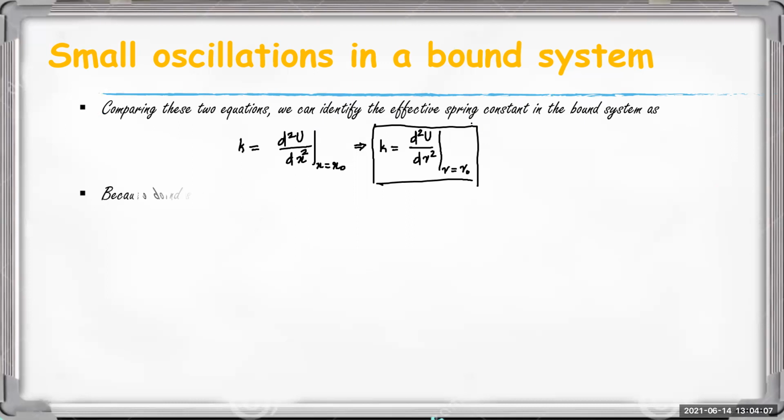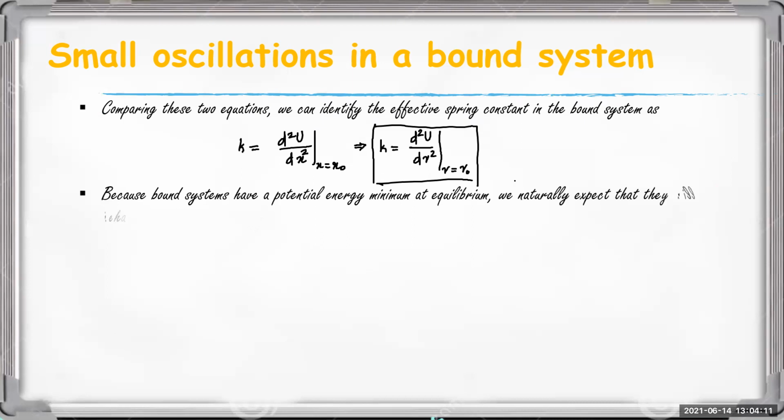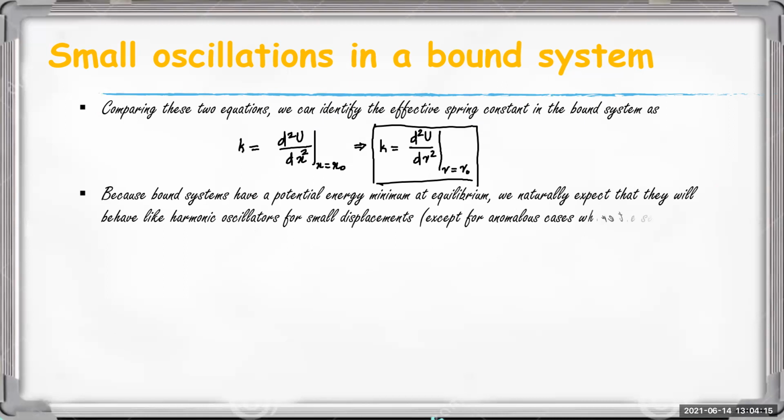Because bound systems have a potential energy minimum at equilibrium, we naturally expect that they will behave like a harmonic oscillator for small displacement.